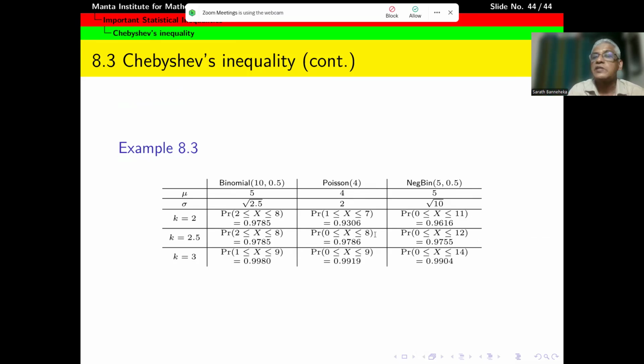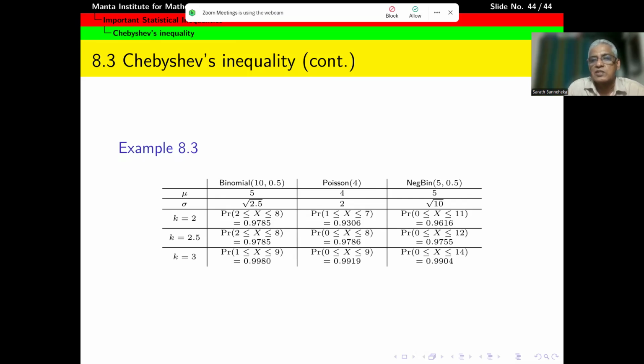Right. So that is the end of this lesson, part two of the discussion about important statistical inequalities. In these two parts, we discussed three important statistical inequalities.